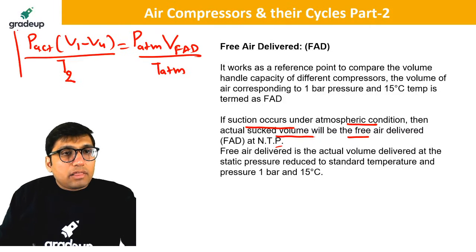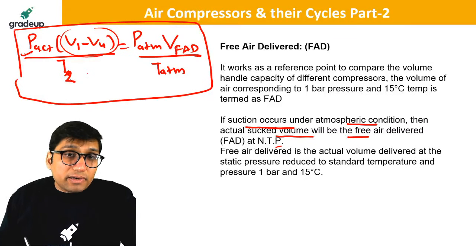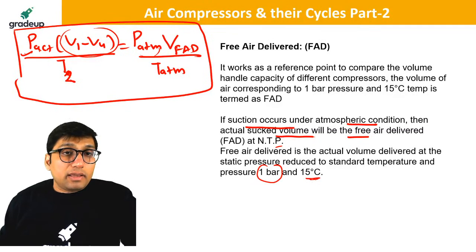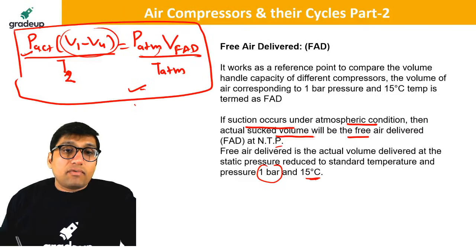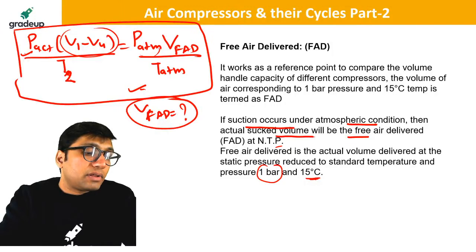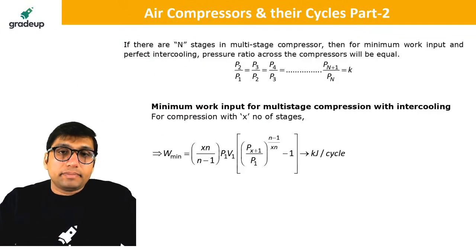So with the help of this formula you can find the value of the free air delivery, if you know the actual volume, the actual pressure and actual temperature after compression, and if you know the atmospheric pressure is generally 1 bar and atmospheric temperature is 15 degrees Celsius. By getting the free air delivery you can understand the volume handling capacity of the compressor. So that is a very important term.